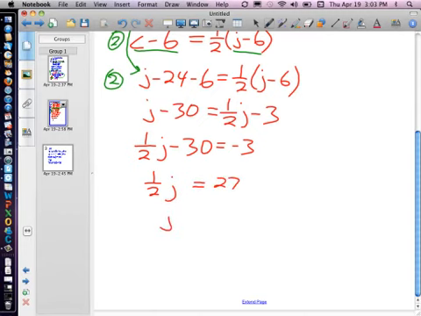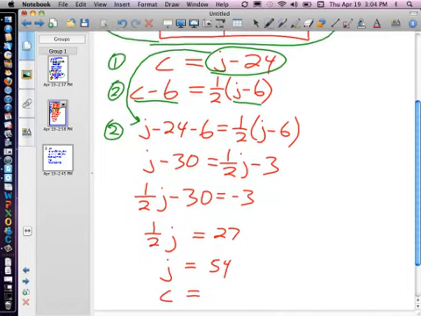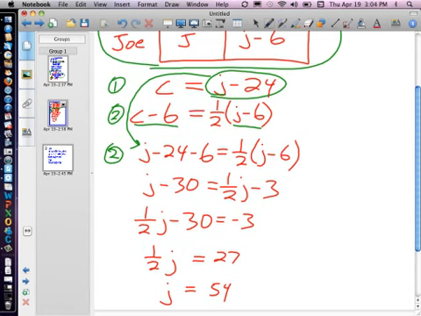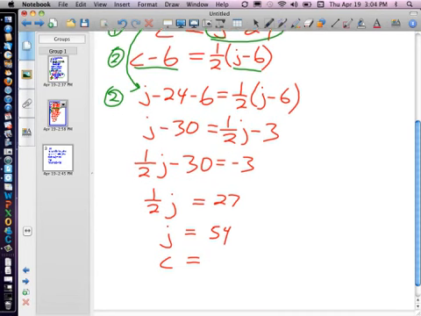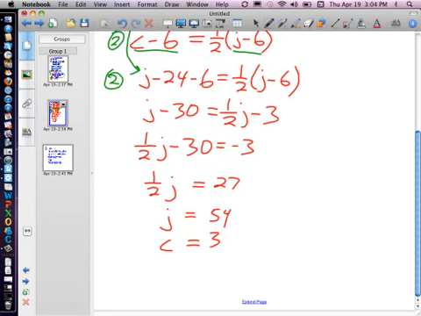Now if we multiply both sides by 2, we get what we think is Joe's age now, 54. That would make Cecilia's age, let's go back up. If Joe is 54, we just plug into the first equation. 54 minus 24 is 30, so we think Cecilia is 30 now.